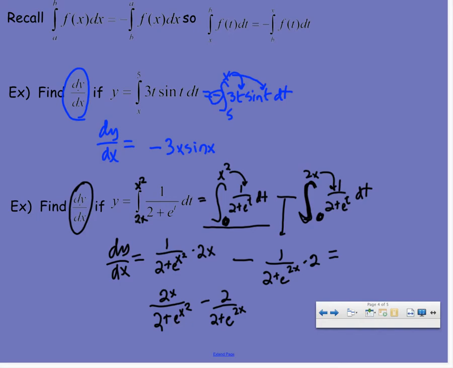Okay? So look at that for a second. Do you notice that our final answer is really just x squared plugged in, which is kind of like our b, minus our 2x plugged in, which is kind of like our a. Isn't that really kind of like doing b minus a?